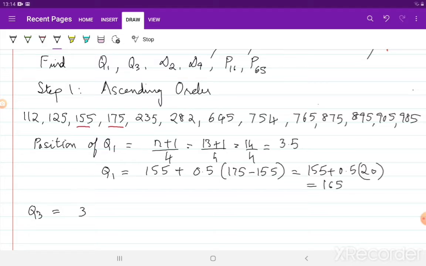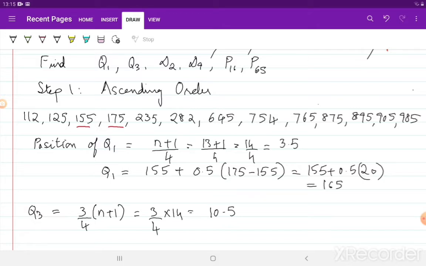So I'm going for 3/4 of (n+1), that is 3/4 of (13+1), which is 14, which is 10.5. So the 10.5th element of the series is your Q3.